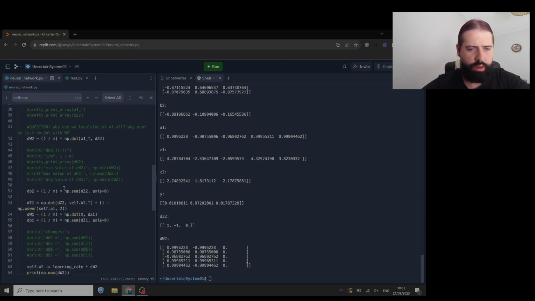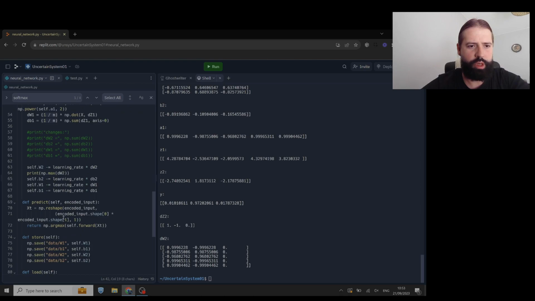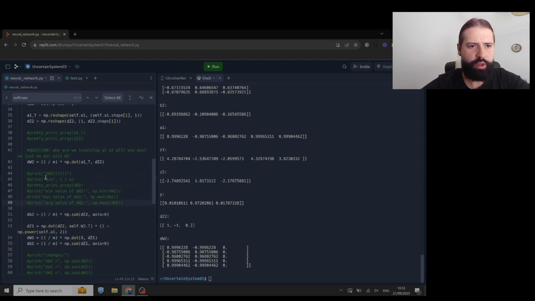Why involve A1 at all? I understand the idea of doing something like that. I understand you want the change later on to be reduced from a learning rate perspective, so you don't make too big changes.